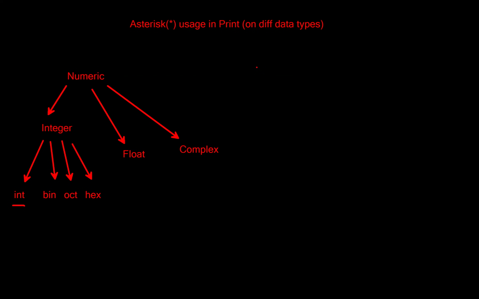Then we have string, and in sequence type we have string. Then we have list and tuple. These are sequence types, and then we have set and dictionary, which are part of collection data structure but not part of sequence data type.